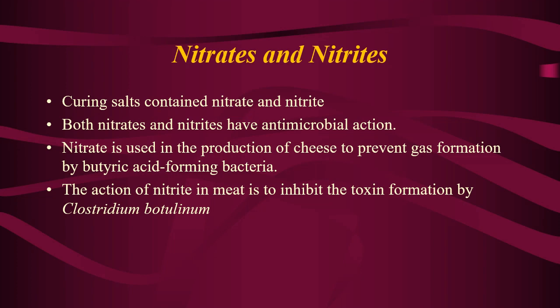Nitrate is used in the production of cheese to prevent gas formation by butyric acid forming bacteria. The action of nitrite in meat is usually to inhibit the toxin formation by Clostridium botulinum, which can emit toxin that will cause food poisoning.